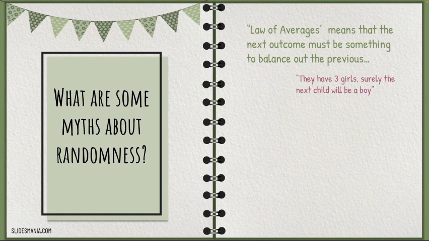Somebody saying they have three girls, so surely the next child will be a boy. That's not how it works. It's half chance it'll be a boy, half chance it'll be a girl. You can't say that just because they have three prior girls, the next one will be a boy. I'm sure they hope it will be, but the probability is the same. Probability of getting a girl is half. Probability of getting a boy is half.